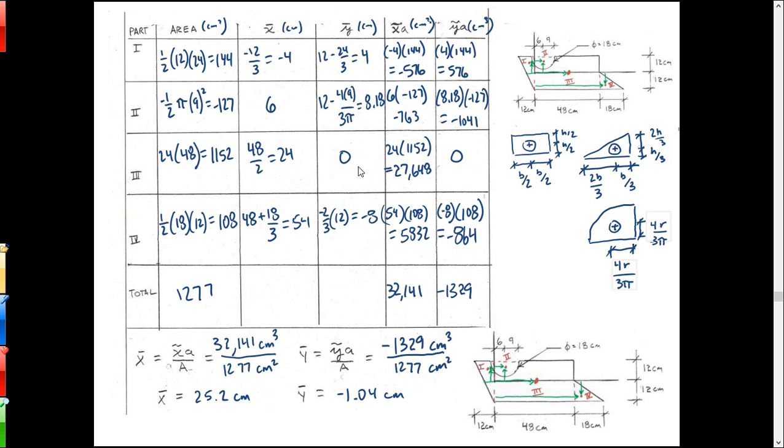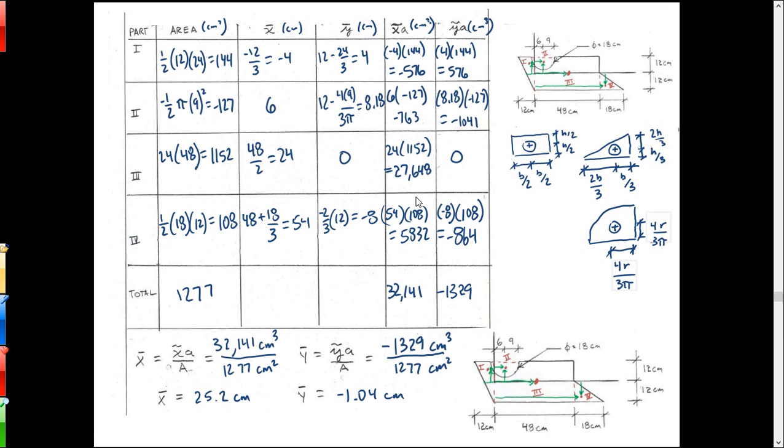So as a last check, what I like to do on these is just plot up that centroidal location and be sure that it makes sense, where I've got it. So I'd measure about 25 over, as near as I could figure, and plot that and measure down about 1 centimeter from the x-axis. And put a point there and just look at it and ask myself, is that reasonable? Is that a balance point for that object?